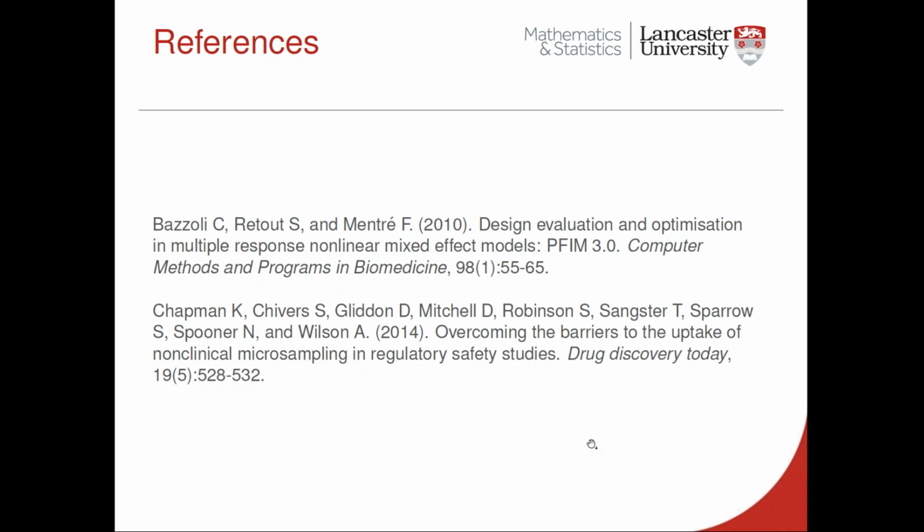That's a very good question. So one of the fundamental ideas behind D-optimality is that you optimize your variance covariance matrix of your parameters characterizing the underlying model. Now, in the NCA context, we don't have as such an underlying model with multiple parameters.